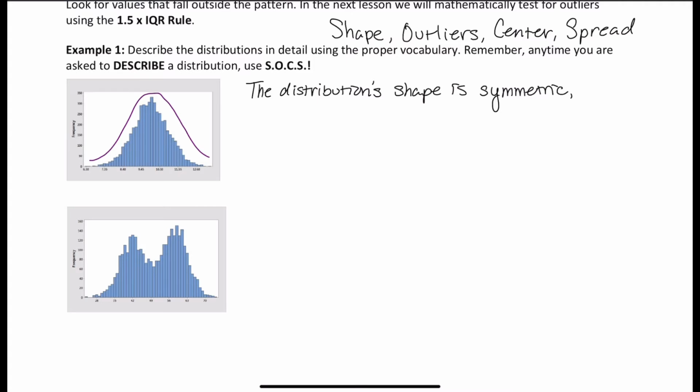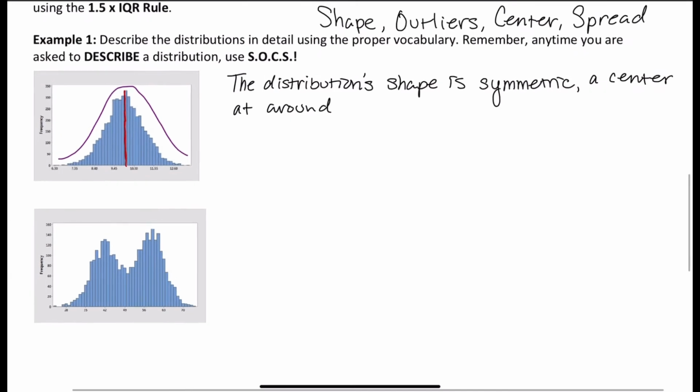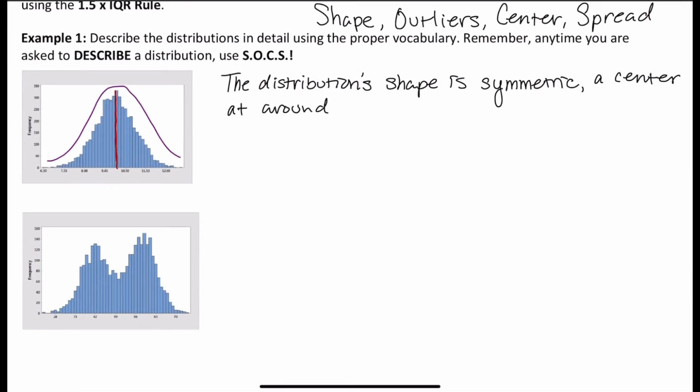And since it is a symmetric shape, that means we can use the mean. Let's see, the mean, which would probably be our peak, is right around here where that big tall bar is, which means it has a center at around, and this is where we need to do some guesstimating because we don't have the actual data points in front of us, so we don't really know.